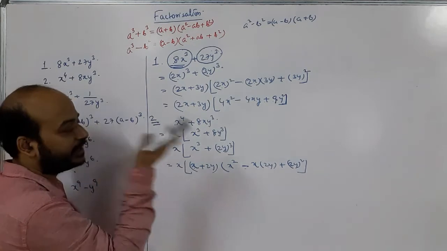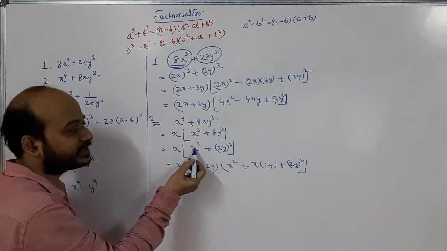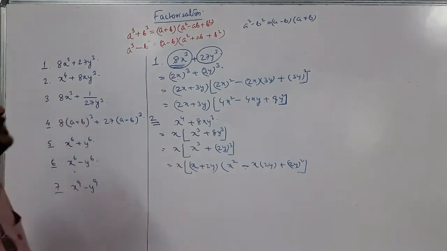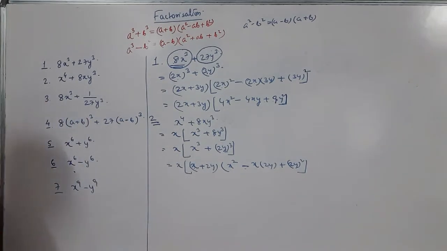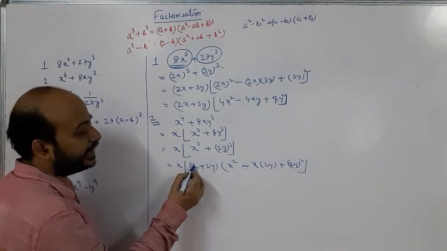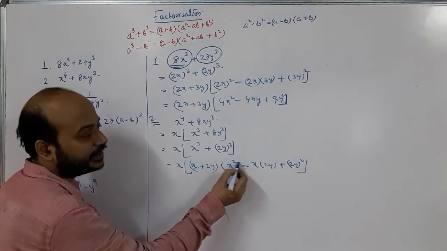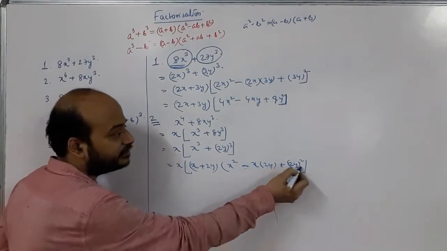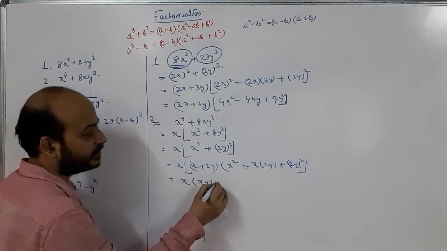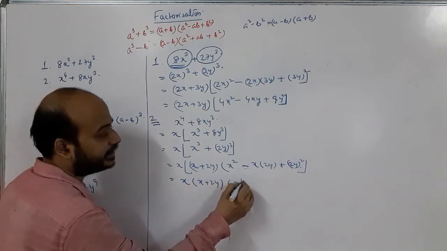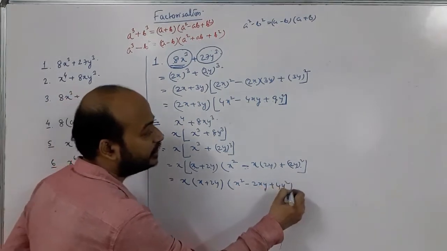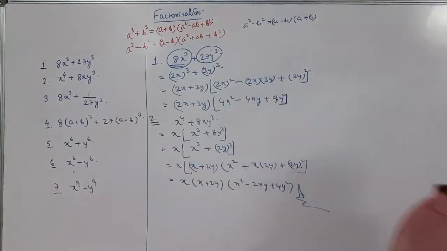Okay, because mentally I thought a means x and b means 2y. Otherwise you will find difficulty in using that formula. So I have written a plus b, then a square minus ab plus b square, then finally I get x, then x plus 2y, and then x square minus 2xy plus 4y square. Okay, understand?